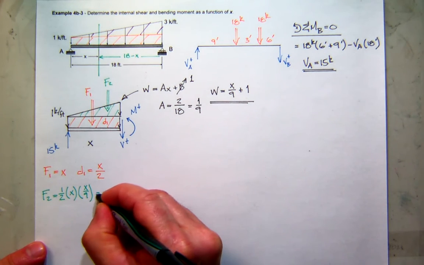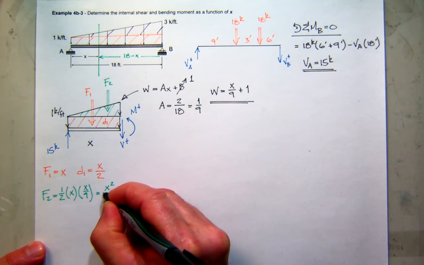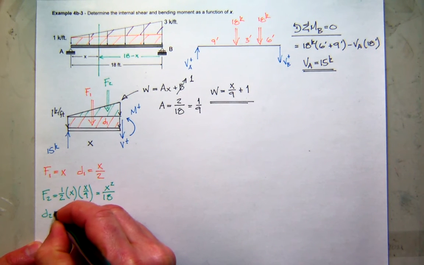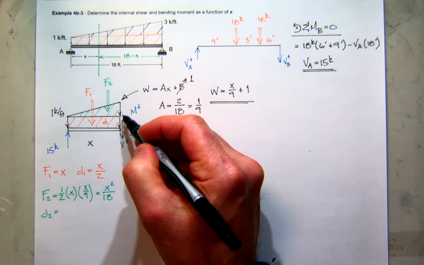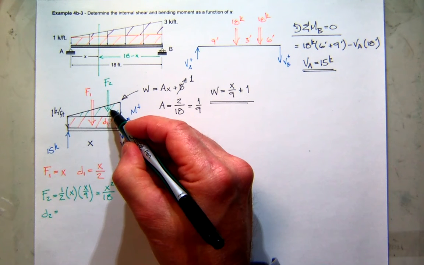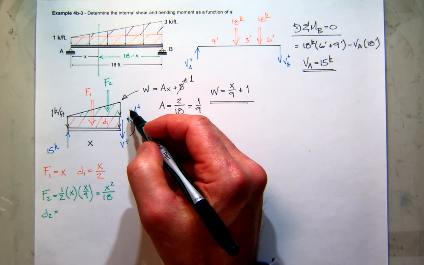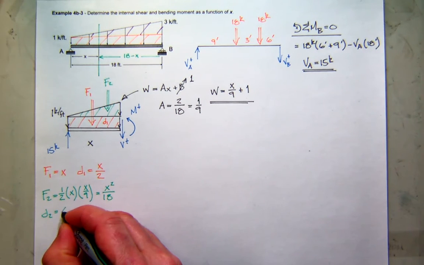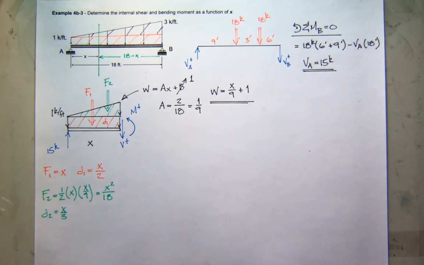If you do a little work there, that just becomes x squared over 18. And the distance D2, the distance from this cut to the centroid. What's a triangle? It's 1/3 of the distance from the big end, and 1/3 of x is x over 3.